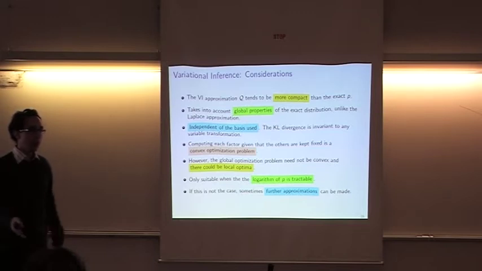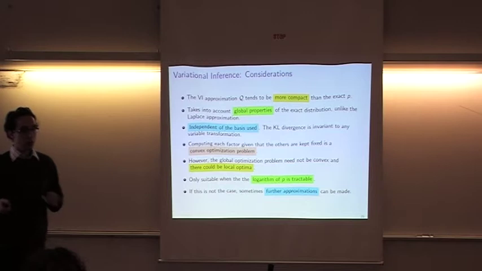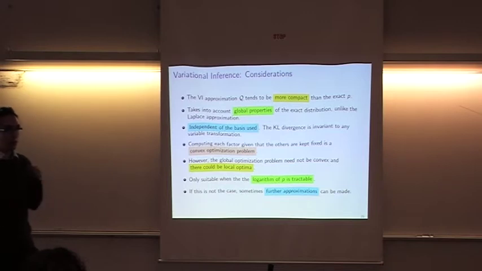The reason is that if we do a change of variables in the two distributions and we measure the value of the Kullback-Leibler divergence, it's the same. The Kullback-Leibler divergence is invariant to any transformation of the variables, and this means that our posterior approximation is going to be invariant to those transformations.